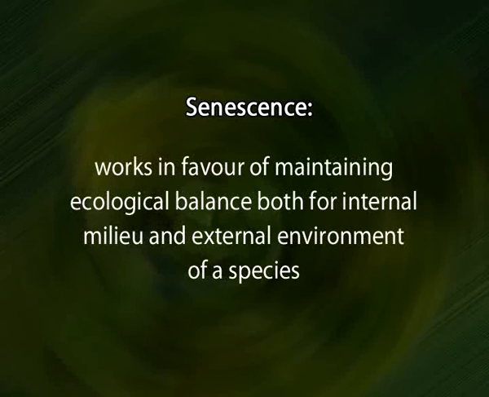Senescence is a correlative event and is the cumulative effect of the formation of flowers, fruits, seeds, apices, and roots. Senescence is a mechanism which works in favor of maintaining an ecological balance both for the internal milieu and external environment of a species.